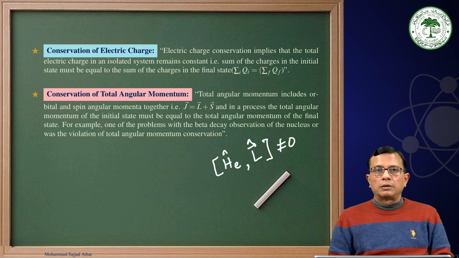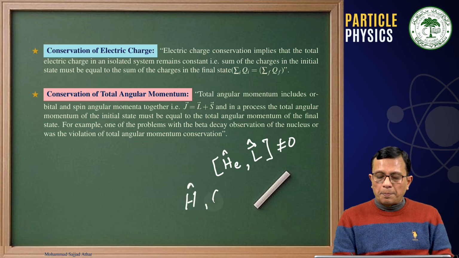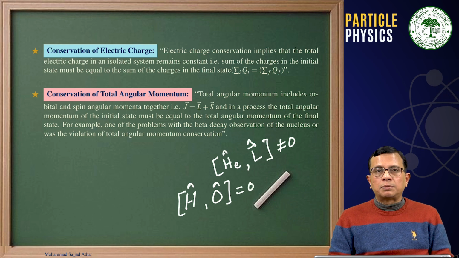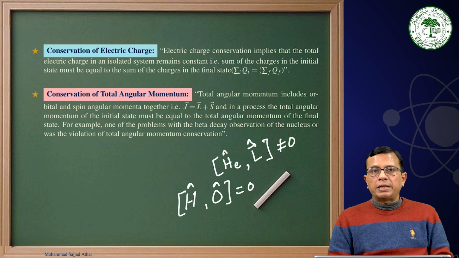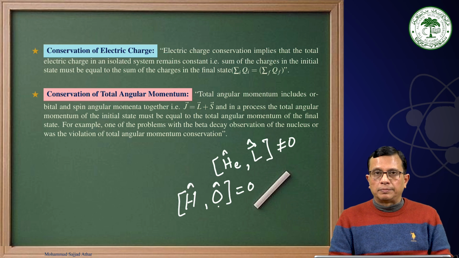This was not 0, because what this tells us, the simple physics, which you can see from any textbook on quantum mechanics like Schiff or Sakurai or any other basic book, is that a quantum number associated with the operator will be a conserved quantum number if the operator commutes with the Hamiltonian of the system.